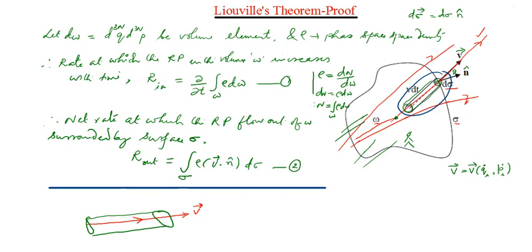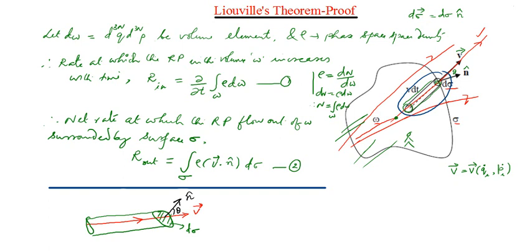This particular area, whose magnitude is d sigma, will have a normal vector which is slanted and may make some angle theta with the velocity vector. This is a general case, and there are many cases where both n and v are parallel, so theta equals 0. In general, it can make any angle.